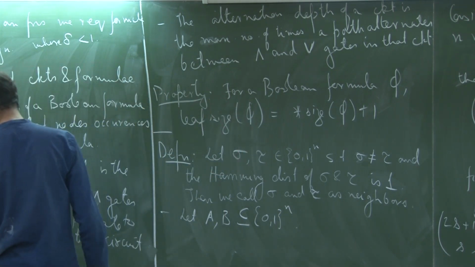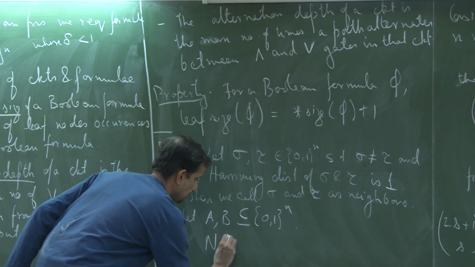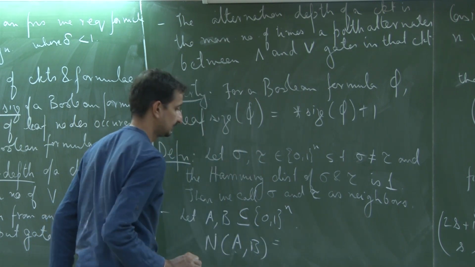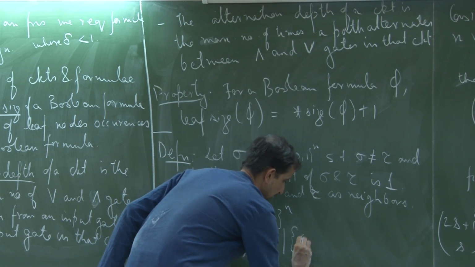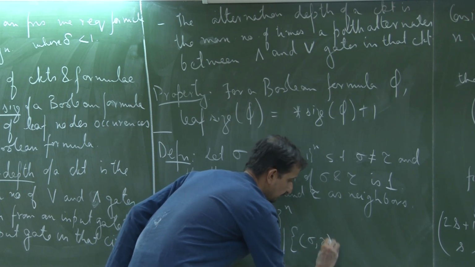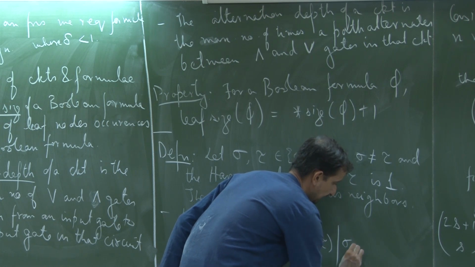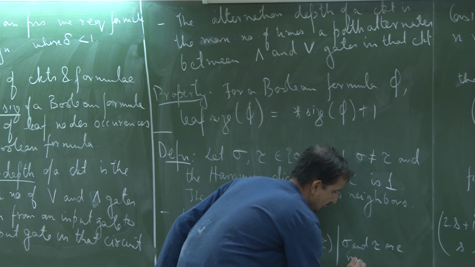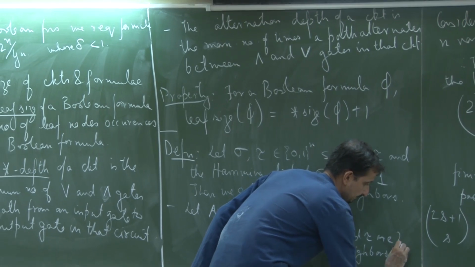We define N(A,B) to be the size of the set of tuples (sigma, tau) such that sigma and tau are neighbors.